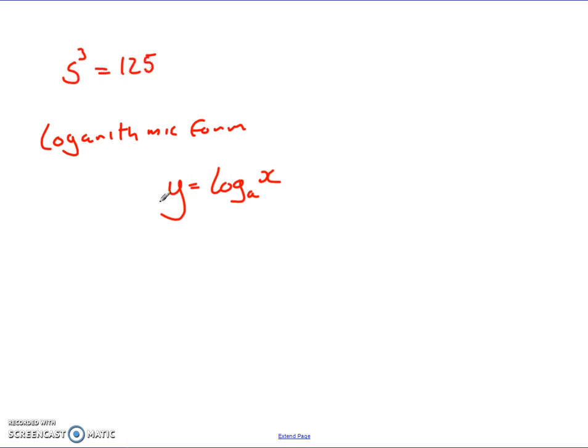So the way I'm able to modify this and write it is to say that 3 equals log to the base 5 of 125. And I know this is true. What power of 5 gives me 125? Well, 5 to the power of 3 does, so that's where the y part on the left-hand side comes from. 3 equals log to the base 5 of 125. Now that's writing something in logarithmic form.